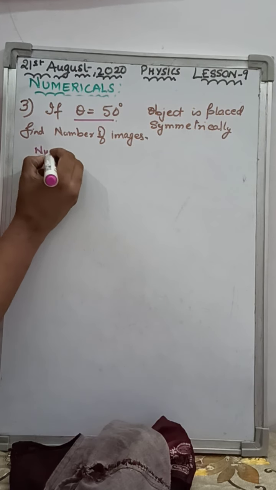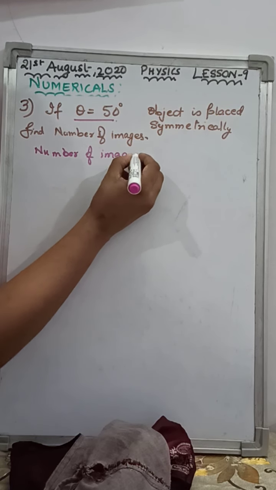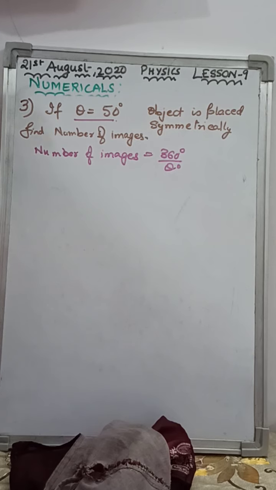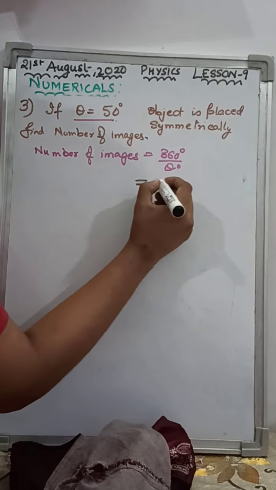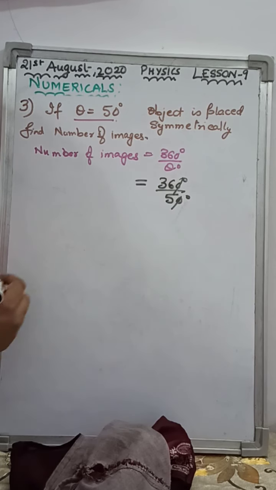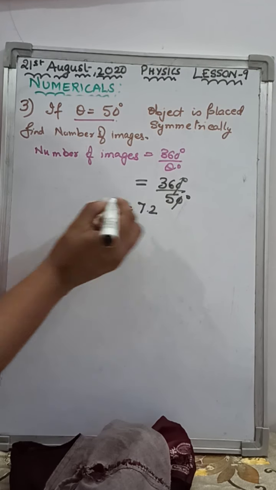So the number of images formula is 360 degree upon theta. Now we will substitute the value of theta, that is 50 degree. So 360 upon 50. 0 will be cancelled and n will come out to be 7.2.